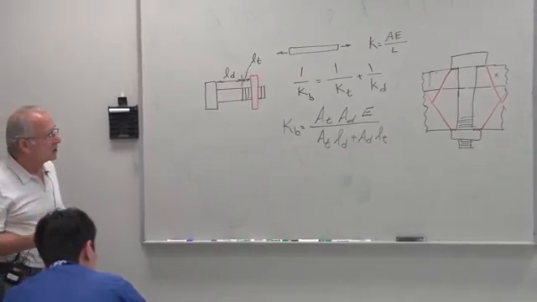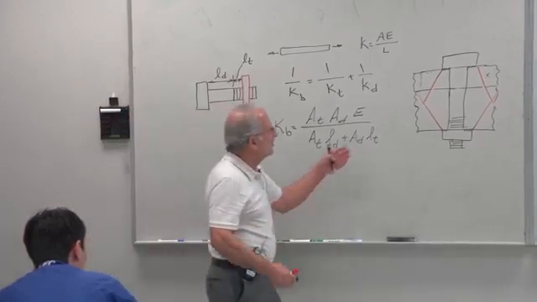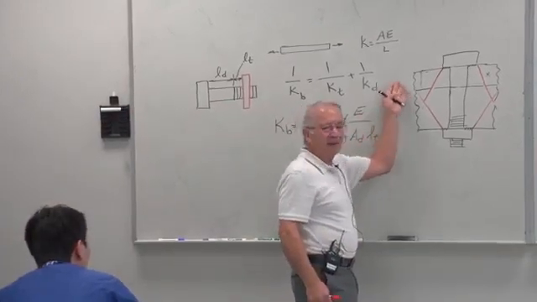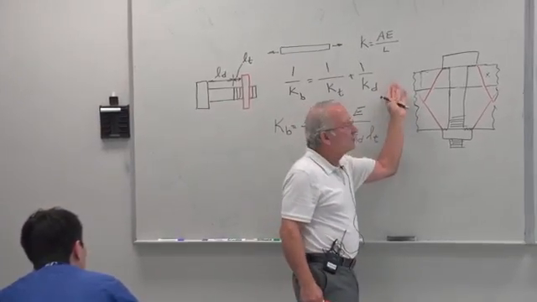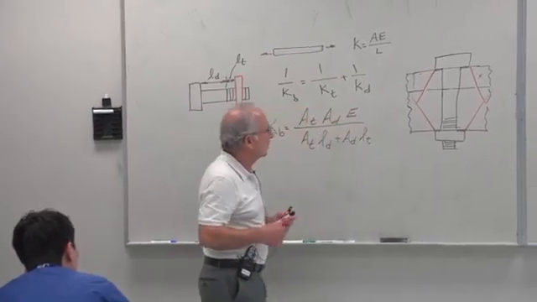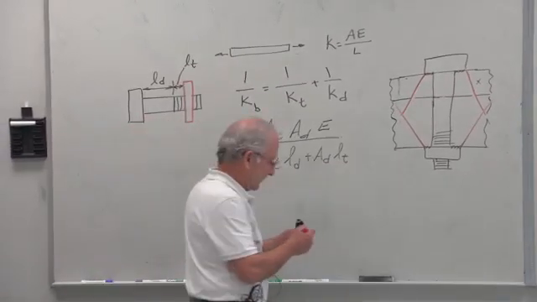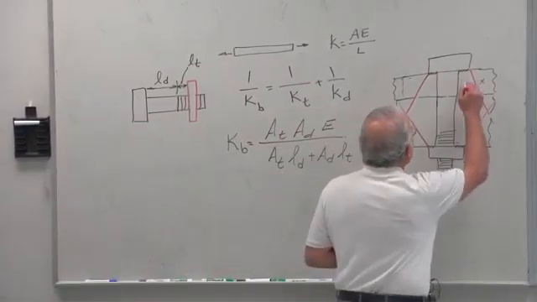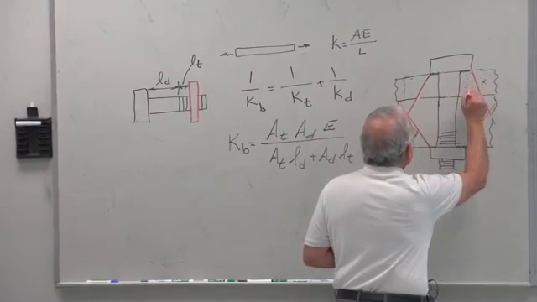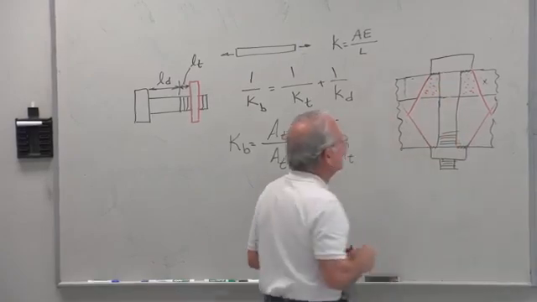Now, if you take a look at this, and assuming that these two members are not of the same material, if they are, things are a little bit simpler, but taking a general case, then we see that we have one trapezoid here. This is all two-dimensional. It's actually a truncated cone.